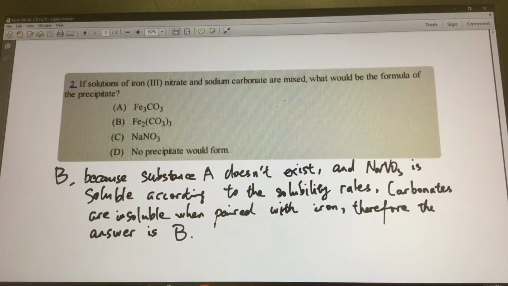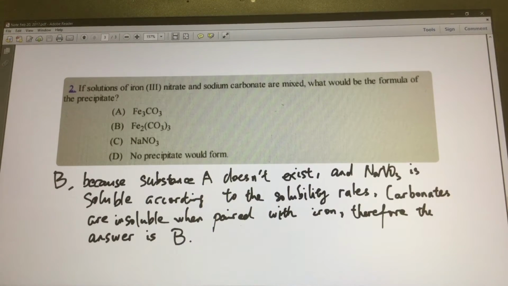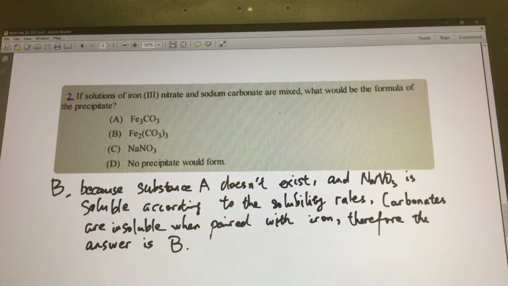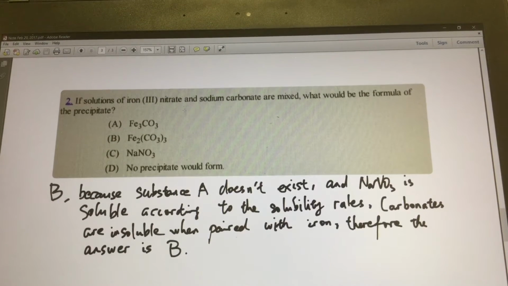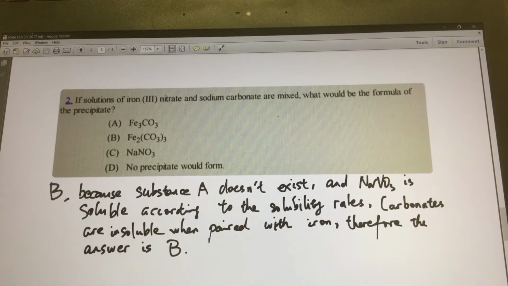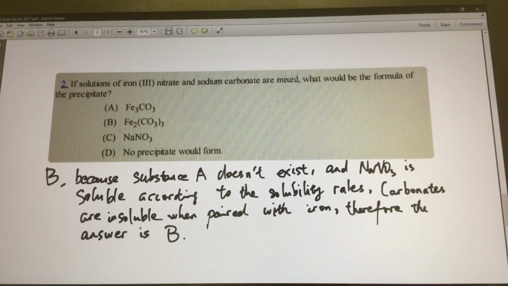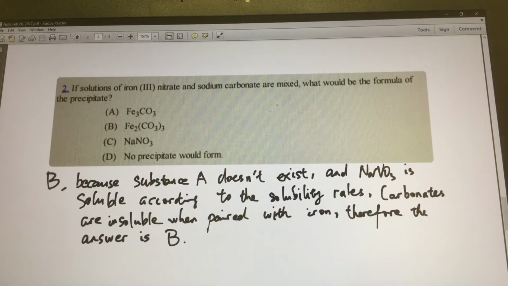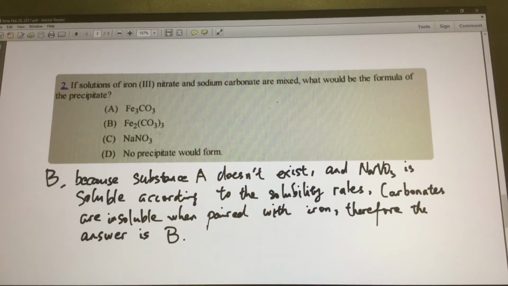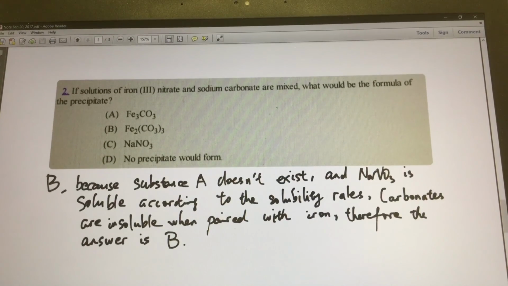It does not exist, because the oxidation number of iron 3 is +3, and for the carbonate ion it is 2-, and this is not neutral. And C, according to our solubility rules, is soluble in water. So our precipitate has to be B, because carbonates are not soluble when they are bonded with iron. So the answer is B.